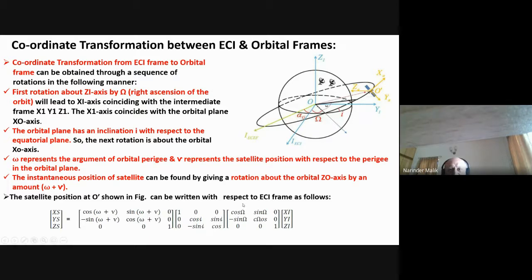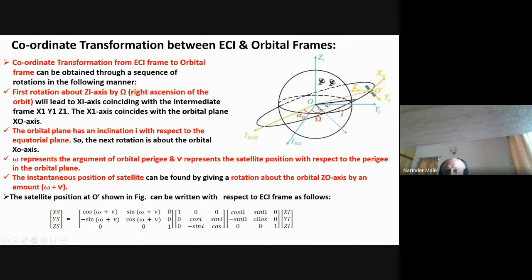This is my basic frame xi, yi, zi. If I give a rotation by angle capital omega about the zi axis, I get another frame, shifted by this value. The new axis is here.